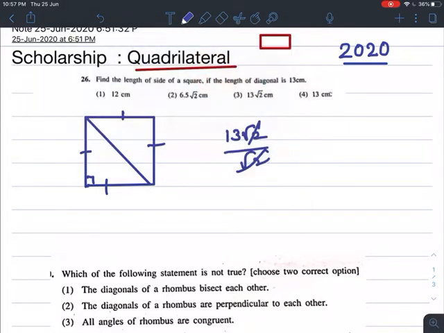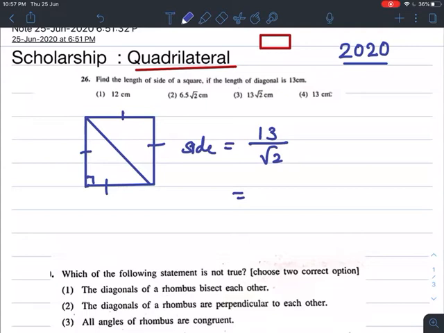But in this example the length of the diagonal is given as 13. So in the beginning I am going to tell you how to solve it directly in the exam. If the length of the diagonal is 13, then what is the length of the side? The side is equal to the diagonal length upon root 2, meaning 13 upon root 2.